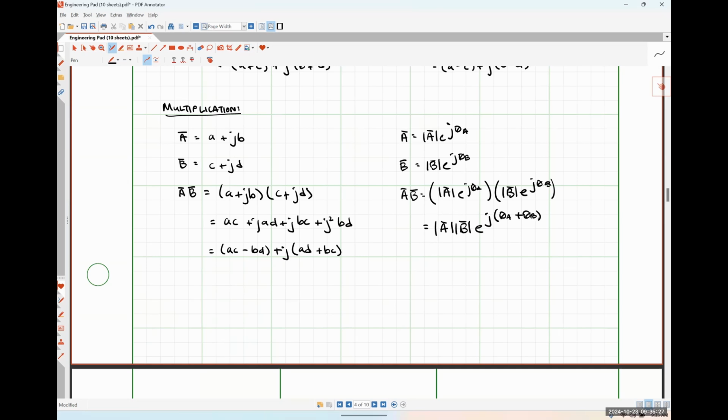So multiplication in exponential form is just multiply the magnitudes, add the phase angles. In polar form, it's effectively the same thing, right? So this would be magnitude of A, magnitude of B with an angle of theta A plus theta B.